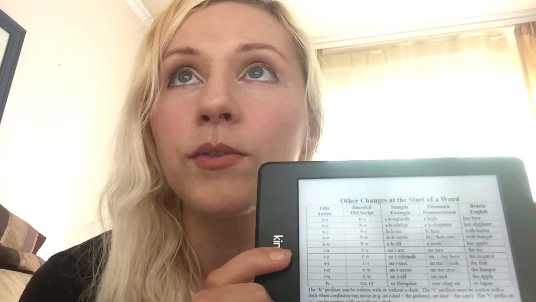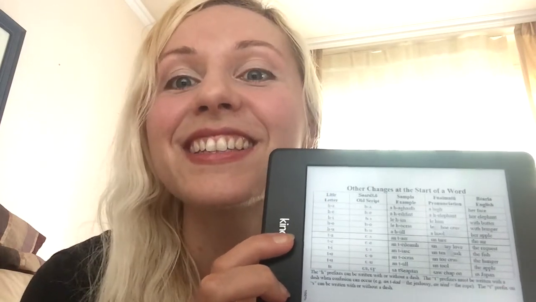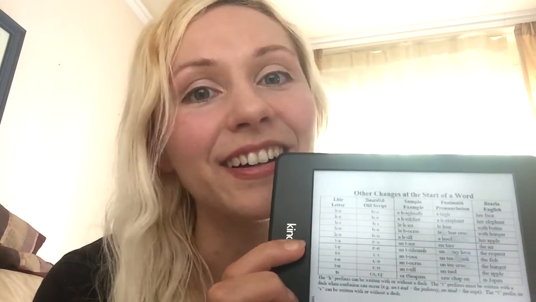Then moving away from possession, just talking about nominative nouns. For example, a takes a T sometimes. For example, on-tear. Air is the original word, which of course means air.